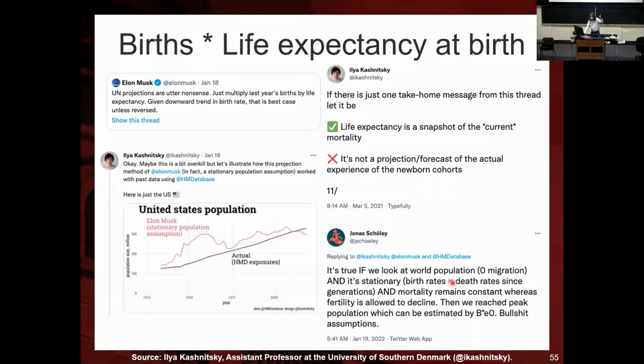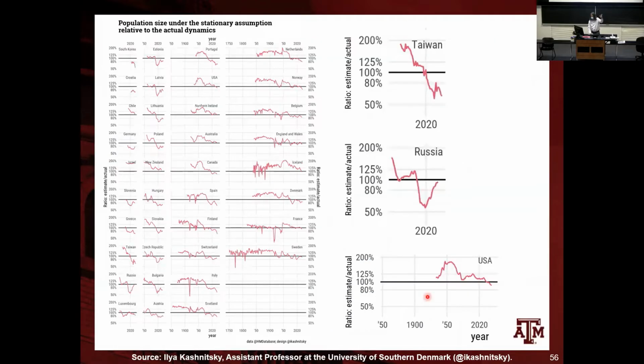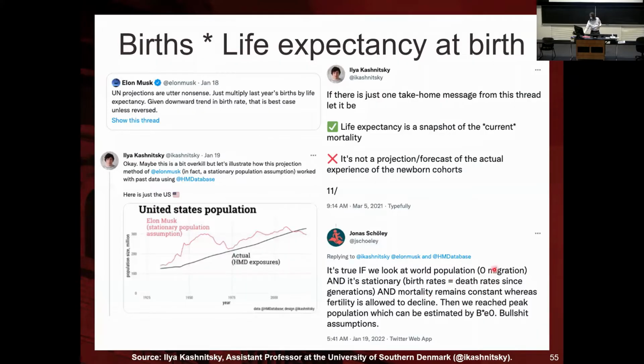They have not been equal for several generations. Age-specific mortality rates have not been constant for several generations. That's why this is not a good exercise to do. It gives us an idea, but we would have to control for migration, and we have to update the data every year in order to see fluctuations of birth rates, death rates, and age-specific mortality rates, okay?